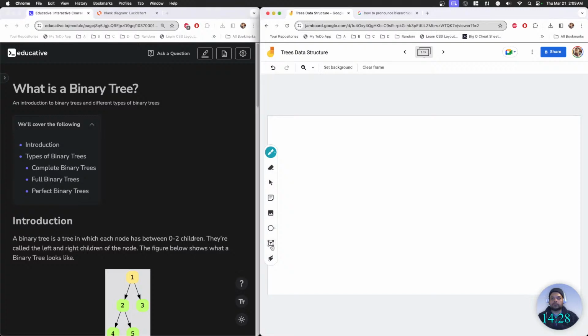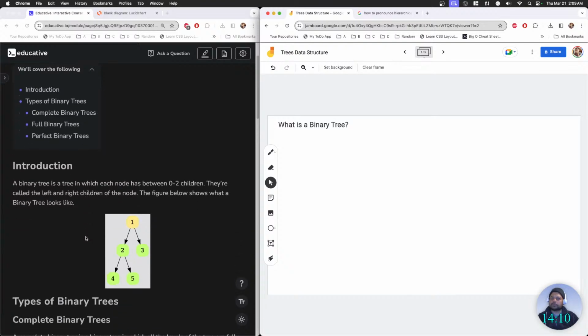Is a binary tree. Binary tree is a tree in which each node has between 0 to 2 children. Yeah. Recall the left and right children of the nodes.